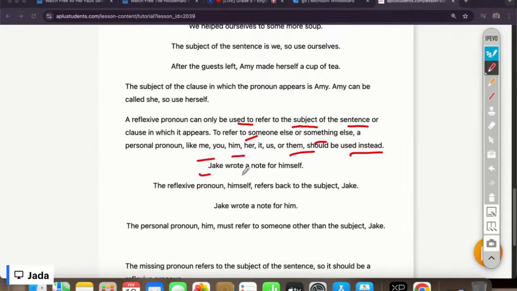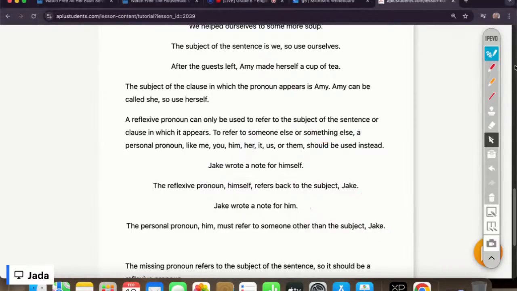Okay. So Jake wrote a note for himself. The reflexive pronoun himself refers back to the subject Jake. And then Jake wrote a note for him. Now the personal pronoun him must refer to someone other than the subject Jake.